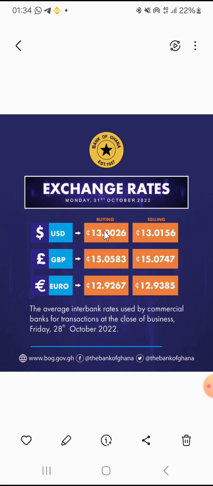Good. So if you are buying the dollar from the bank, look, this is the buying. When Bank of Ghana is buying the dollar from you, they will buy it at a lower rate. Look at it, 13.0026.